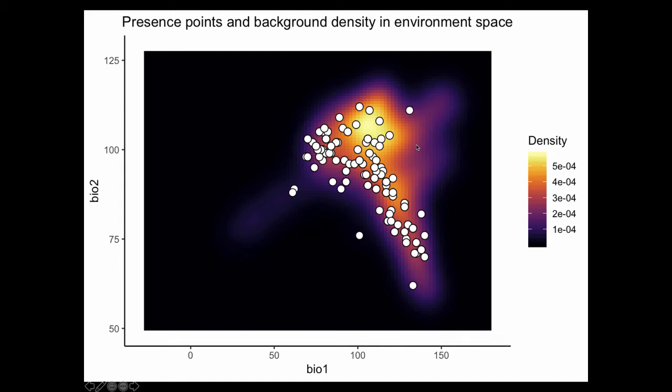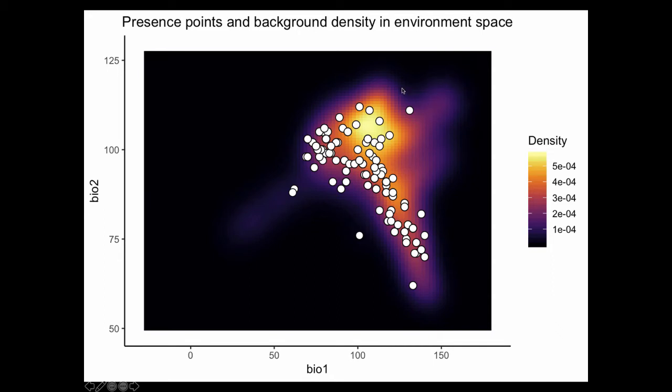So in geographic space, we've got the training region that we say outlines the range of our species or something like that. And these colors represent how frequently we see certain combinations of these two variables in that training region. Brighter areas represent combinations of environments we see a lot. Darker areas represent combinations of environmental variables that we don't see very often.